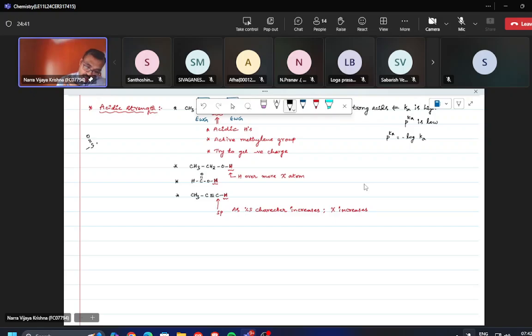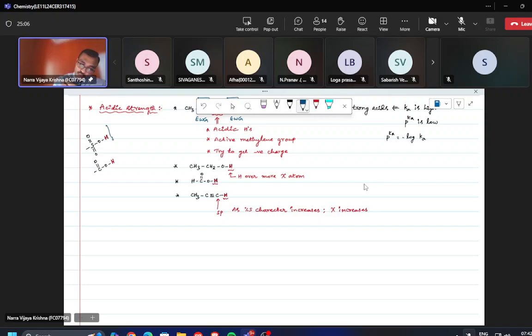What about S double bond O, double bond O, OH? Is this hydrogen acidic or not? Why? It is present on a more electronegative atom. Correct? What about this acid, this hydrogen? Acidic or not?